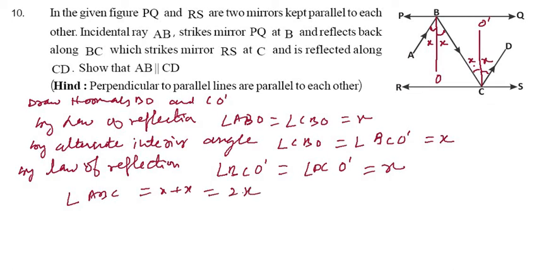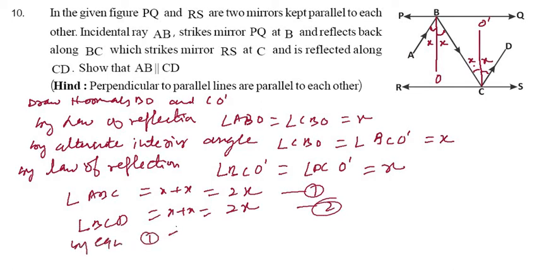And angle BCD is equal to X plus X, and that is also 2X. That means by equation first and second, angle ABC will be equal to angle BCD.